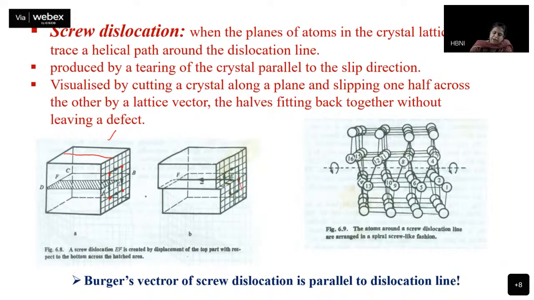You can imagine it like a step, this particular thing B. And this B, the extra distance that you have to travel to complete the Burgers circuit, is called the Burgers vector.